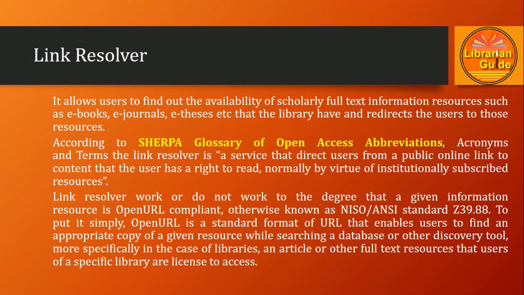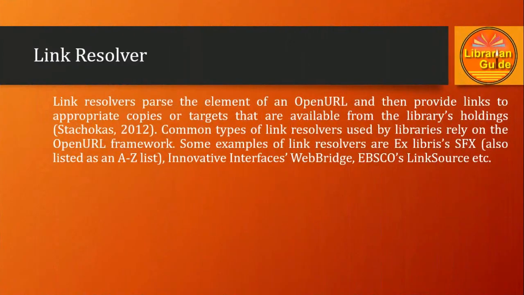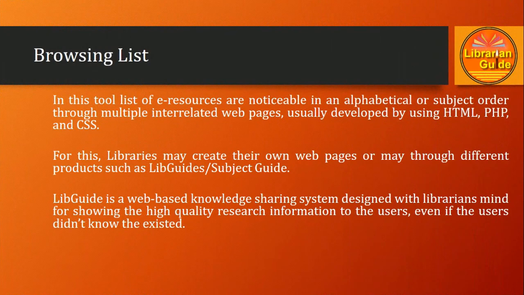The next is browsing list. In this tool, a list of e-resources is prepared in alphabetical or subject order through multiple interrelated web pages, and generally it is developed with different languages like HTML, PHP, and cascading style sheets.